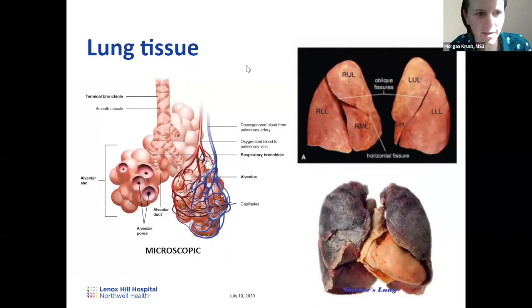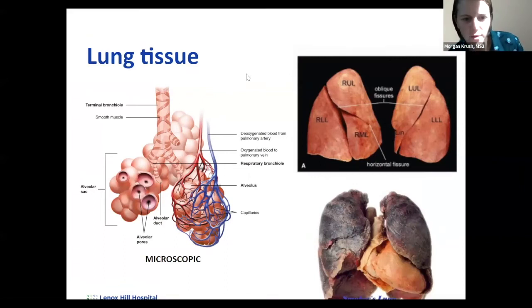Hey guys. All right, so we are going to start talking about the lungs themselves. So on the left, we have a microscopic image of an alveoli. And basically what I want you guys to take from this is connect the overall goal of the lungs. So the overall goal is to oxygenate blood.